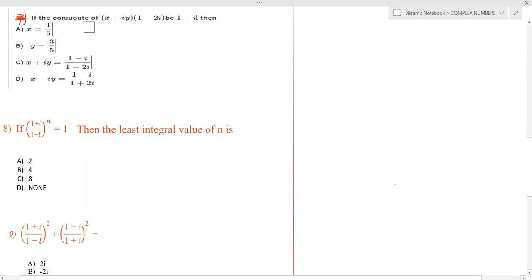If the conjugate of x plus iy into 1 minus 2i is 1 plus i, then which of the following is correct? He has given that the conjugate of x plus iy into 1 minus 2i equals 1 plus i. We discussed the property of conjugates: the conjugate of z1 into z2 can be written as z1 conjugate into z2 conjugate.